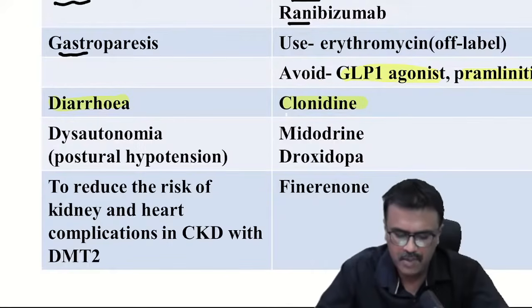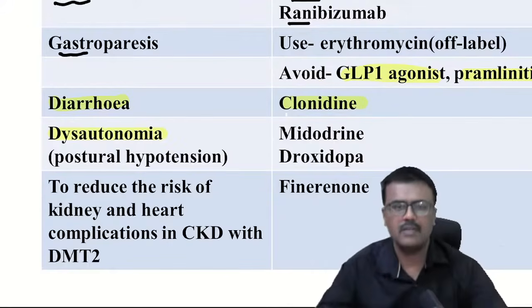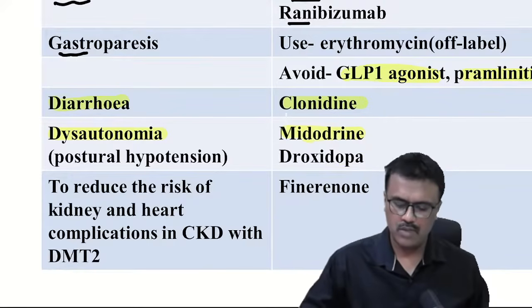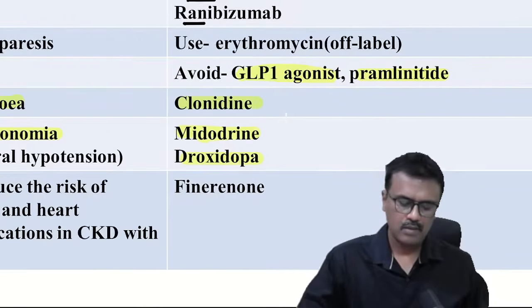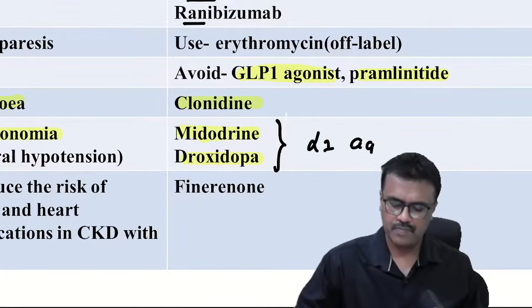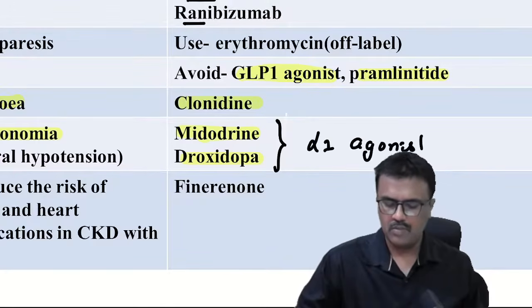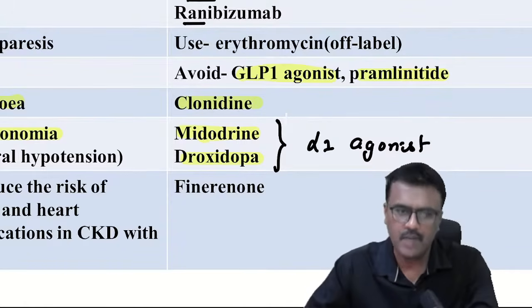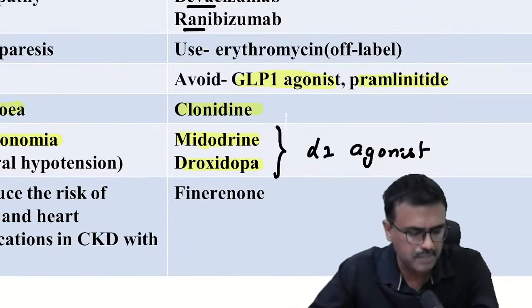Suppose a diabetic patient develops dysautonomia, suddenly hypotension, postural hypotension, we use two drugs, midodrine and droxidopa. These are prodrugs, these are alpha-1 agonists. So midodrine and droxidopa are approved for what? They are approved for postural hypotension.